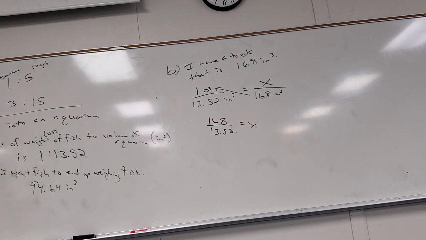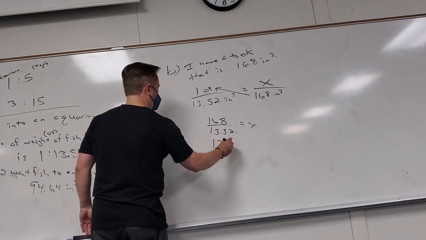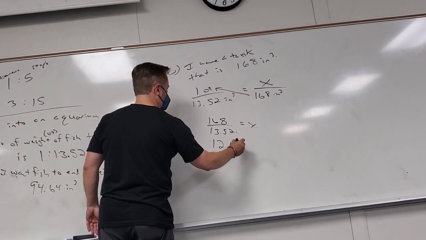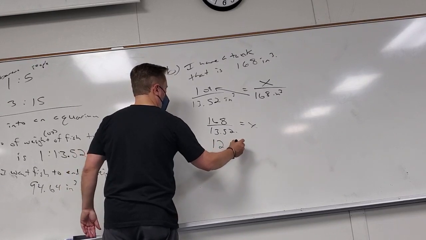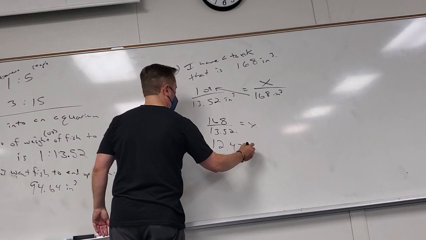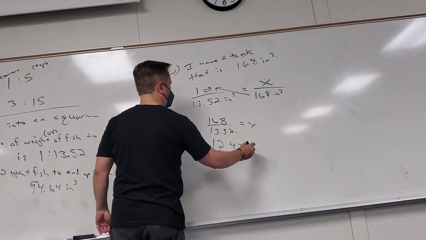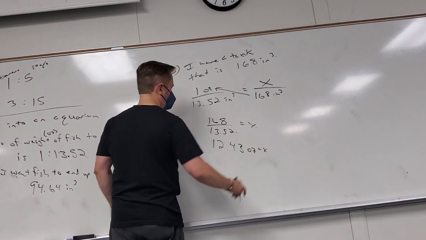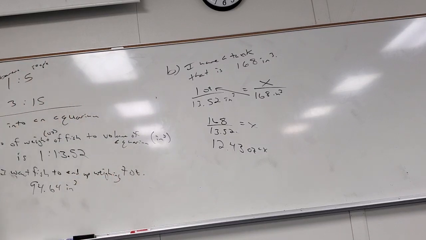That's like 11? So would we write it 12.430? Round it, I'll tell you where to round it. So we'll say 12.43 ounces. That's how big of a fish I make.